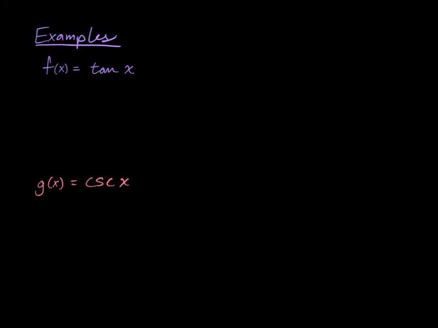You may know that the tangent of x, we haven't talked about a derivative for that yet. But we can figure out what it is if you recall that tangent can be rewritten as sine of x over cosine of x. Well, now this creates a quotient, which means we should use the quotient rule here to figure out what the derivative of tangent of x is.